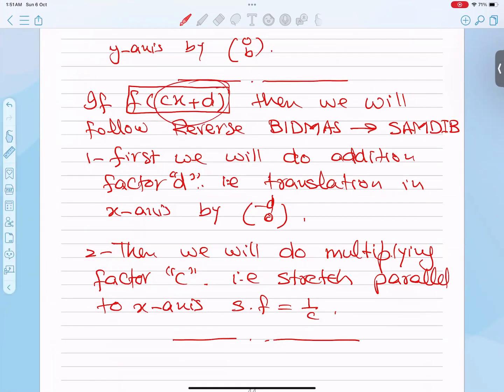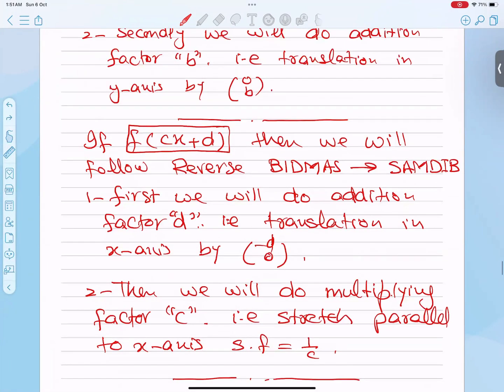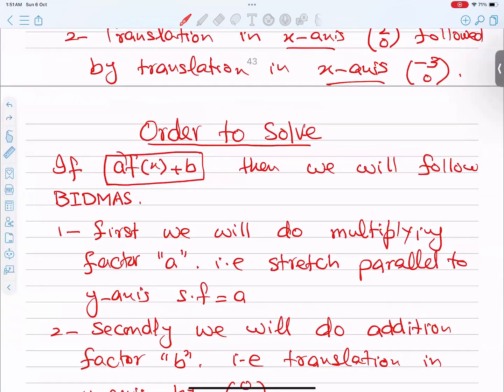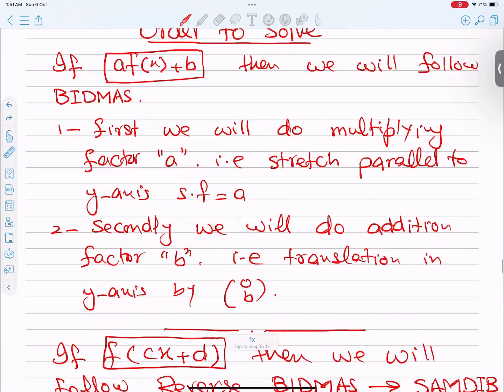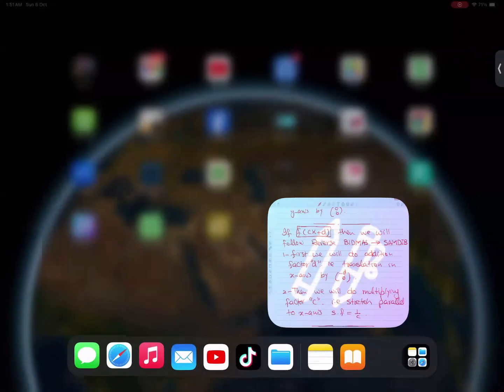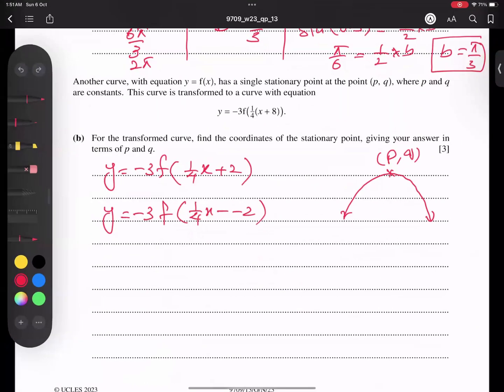When I have an inside, outside we deal with the BODMAS or BIDMAS property, multiplying and then addition. But inside, first we deal with plus and then multiply. So this property we will follow here. It means in this situation, we will follow first translation, okay, and then we talk about 1/4. This is stretching.